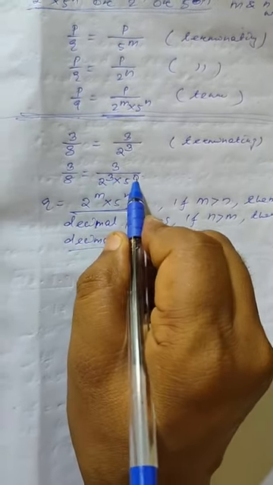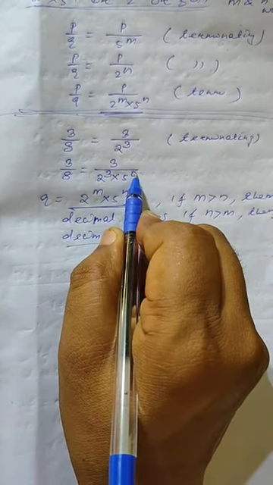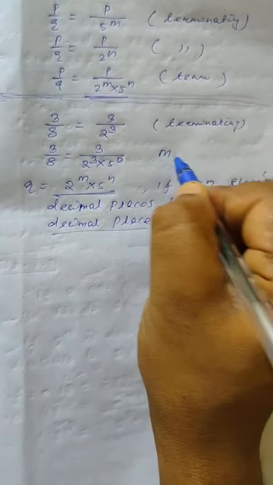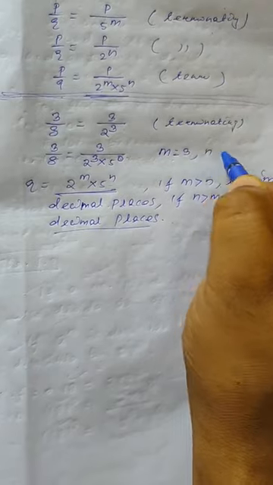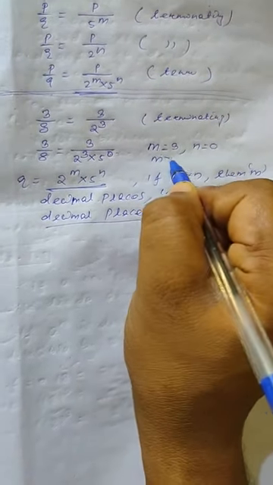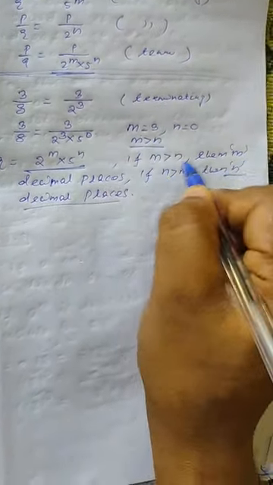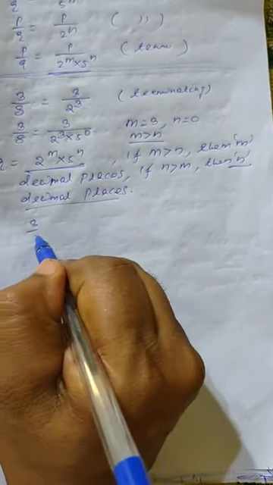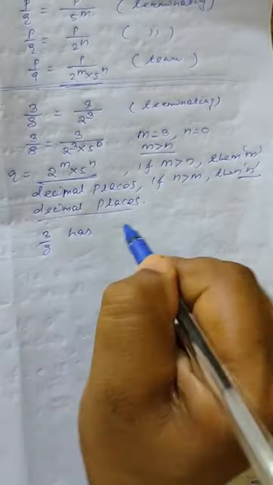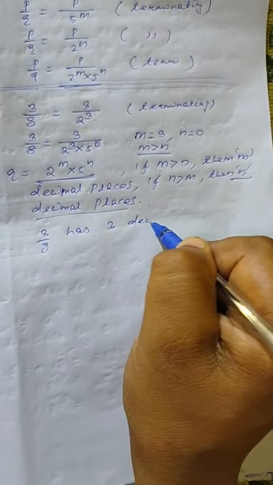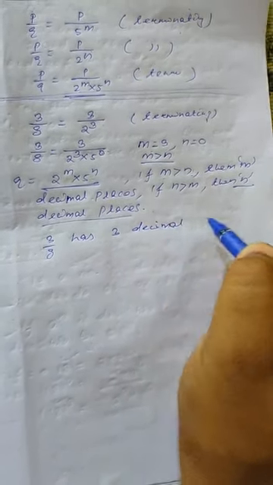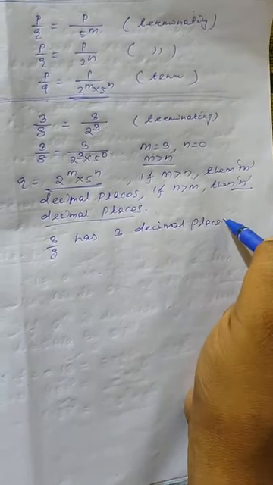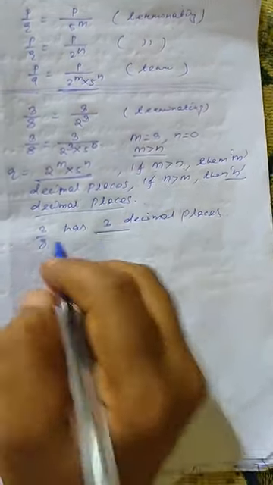Here m is equal to 3, n is equal to 0, so m is greater than n. That means m decimal places, which is 3, so 3 by 8 has 3 decimal places. After 3 decimal places it will terminate.